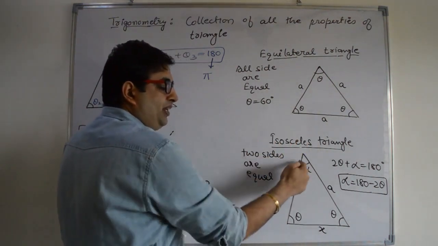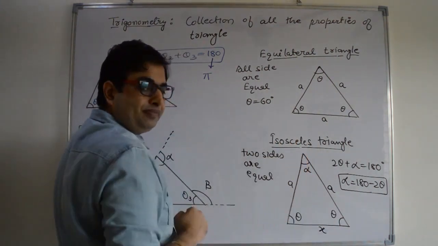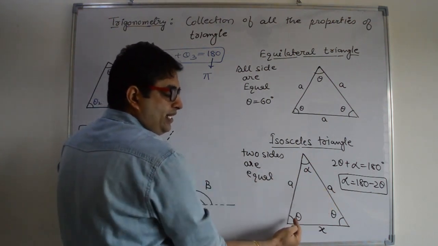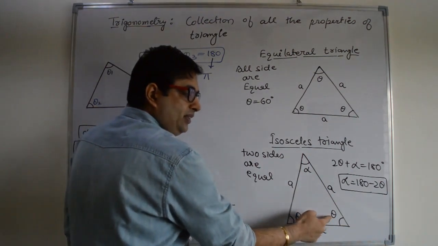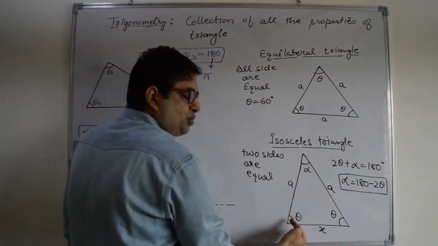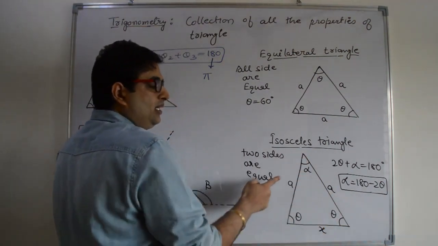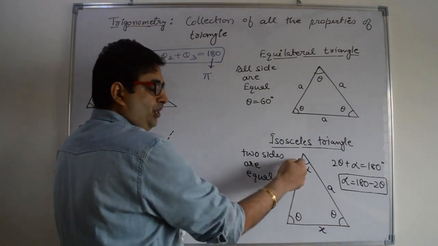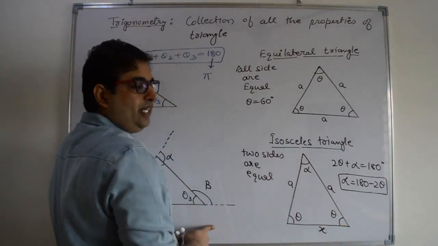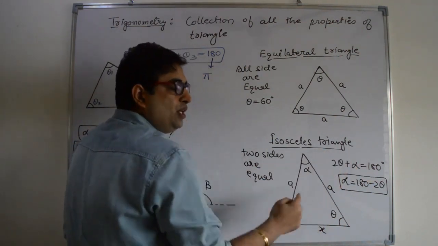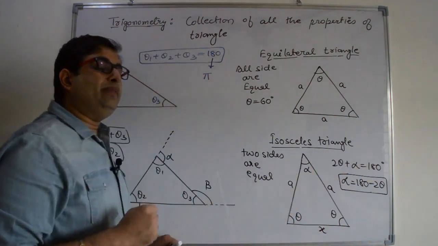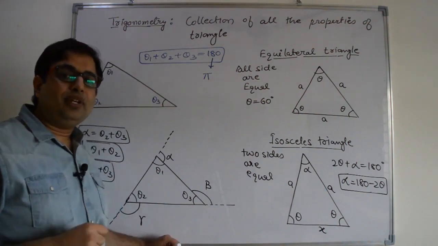This triangle is having 2 equal sides and 2 equal angles. So this is theta, this is also theta, and this is different, alpha. We know the sum of the 3 is 180 degree. So 2 theta plus alpha is equal to 180 degree. So alpha is 180 minus 2 theta. Got this point?